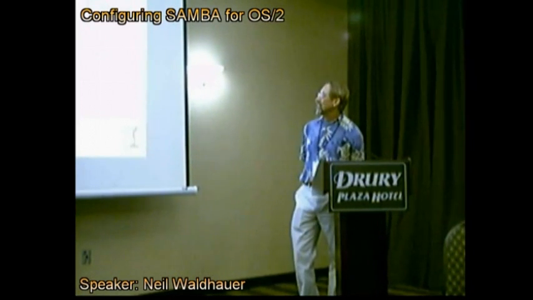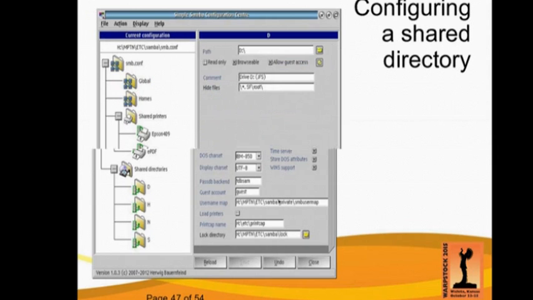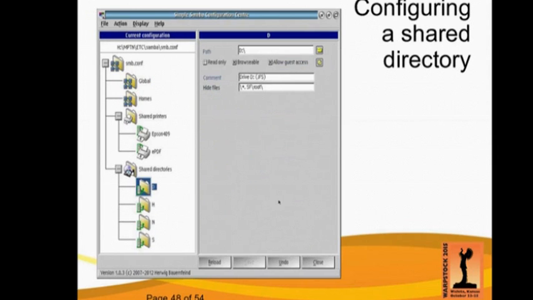This is the shared directories. How do you work with shared directories? By default, it will share every directory you've got. So when you say create default configuration, every drive in your system is shared, even the CD drive. Next slide, please. Okay, so when you click on one of them, there isn't really much configuration you can do with it. You can make it read-only, undo browsable, undo guest access.